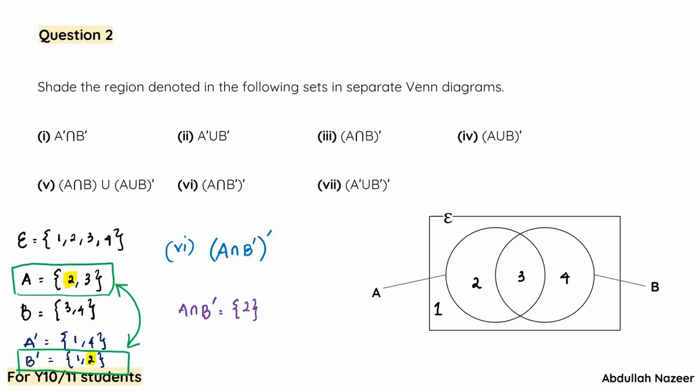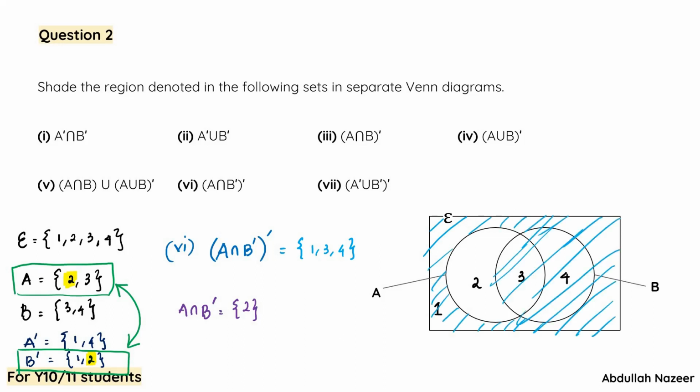So the complement of A intersection B complement, which is the answer we need, is everything except 2, which is 1, 3, 4. When shading, we need to shade the regions that belong to all three numbers 1, 3, and 4. So everything will be shaded except the region 2.